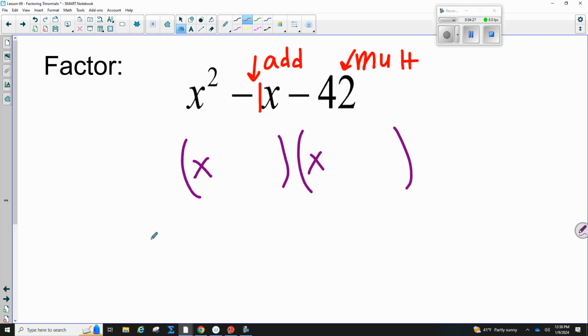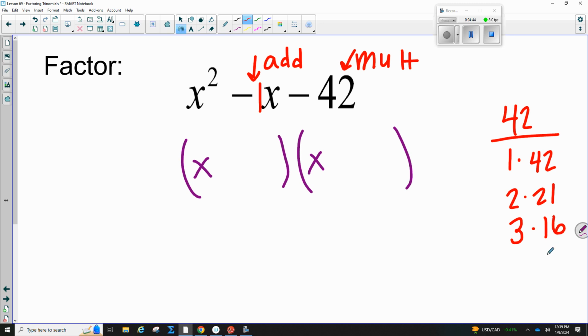So you're going to be like, all right, what is everything that multiplies to 42, just in case we can't come up with it? 1 times 42, 2 times 21, 3 times 14, okay. 6 times 7. Okay, that's every single thing that can multiply to be 42. And I know most of you already know it, right?